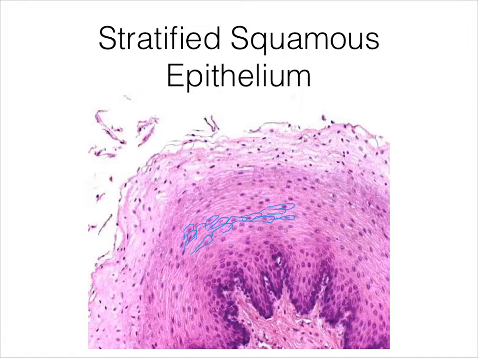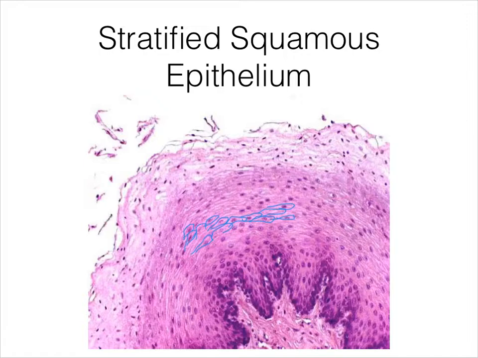And as for the shape, well, if you look down here, you will actually see a few more that are kind of a little bit more cuboidally shaped. But the predominant shape in this section is contained in this area up here, and those are all flat, sort of fried egg shapes.